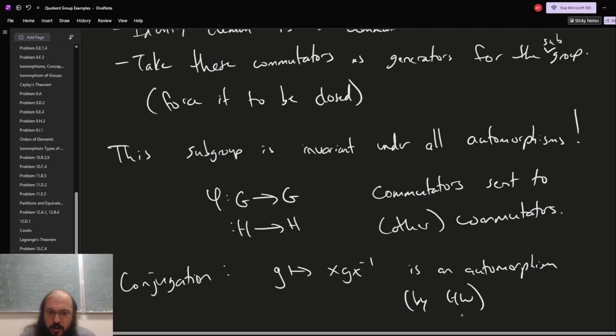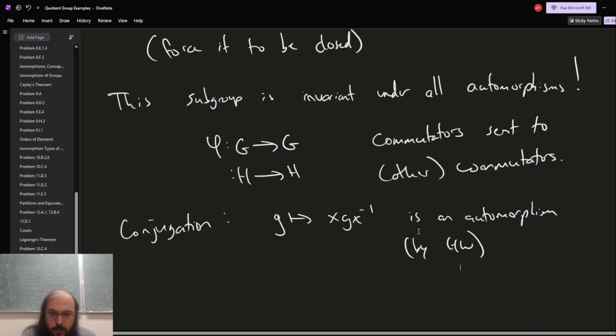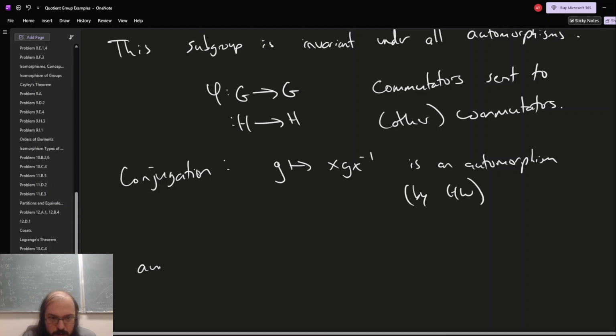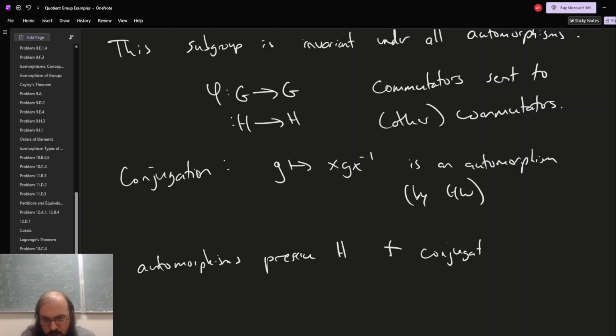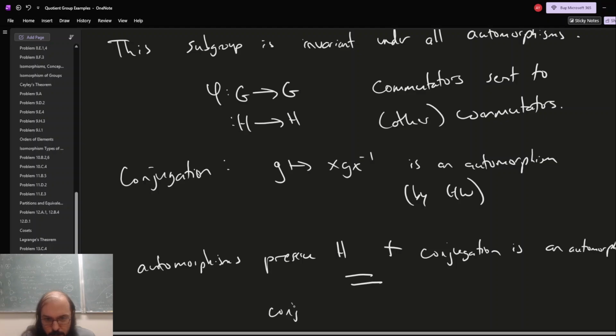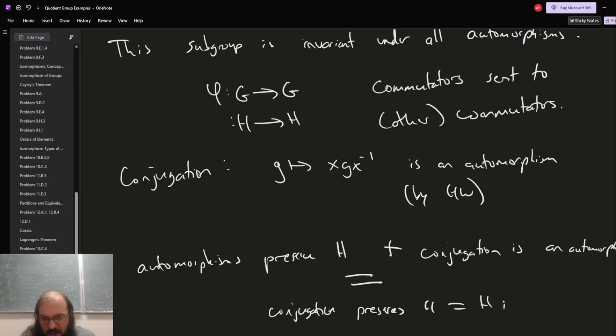And so in particular, since automorphisms preserve H and conjugation is an automorphism, oh, we got to squeeze. Conjugation preserves H, which is the same thing as H is normal.